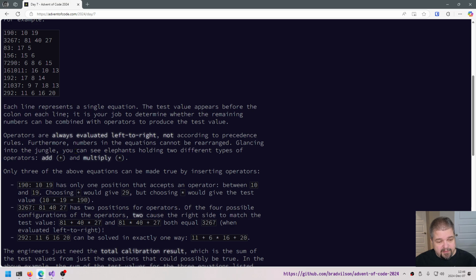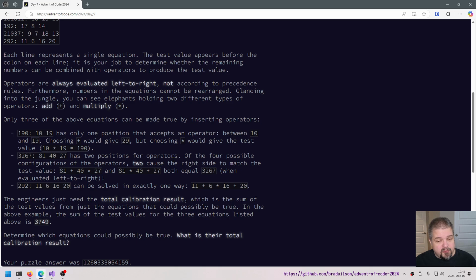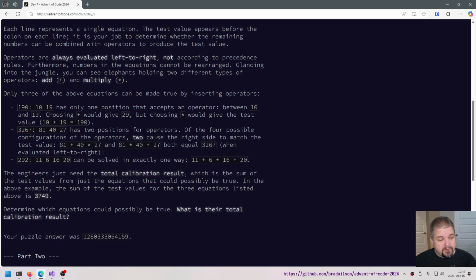Glancing into the jungle, you can see elephants holding 2 different types of operators, add and multiply. Fair enough. Only 3 of the equations can be made true by inserting operators. Obviously, that first one, 190, 10 times 19 is 190. So if you put in multiplication in there, that's going to work. 2 positions for the operators. This one's kind of interesting. You can do plus and times or times and plus and get the right answer. That actually doesn't matter so much.